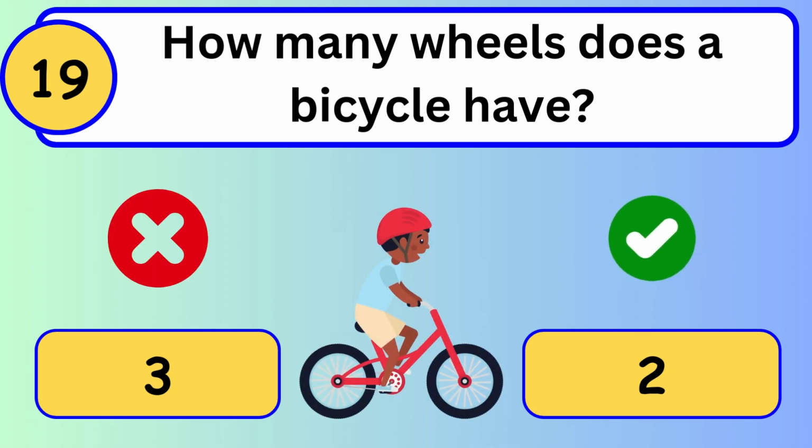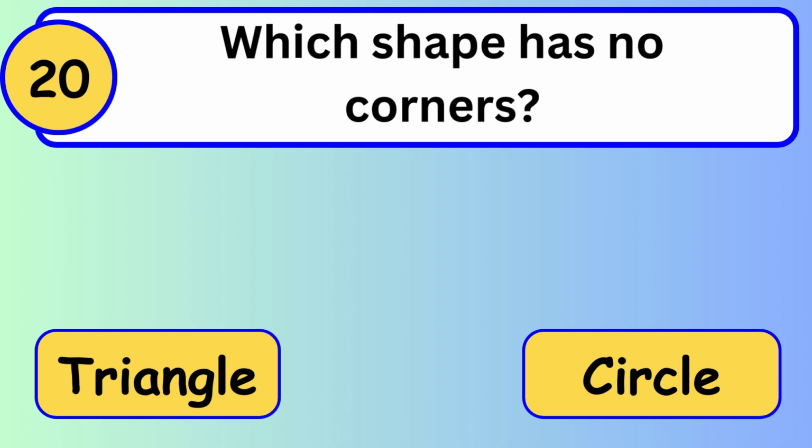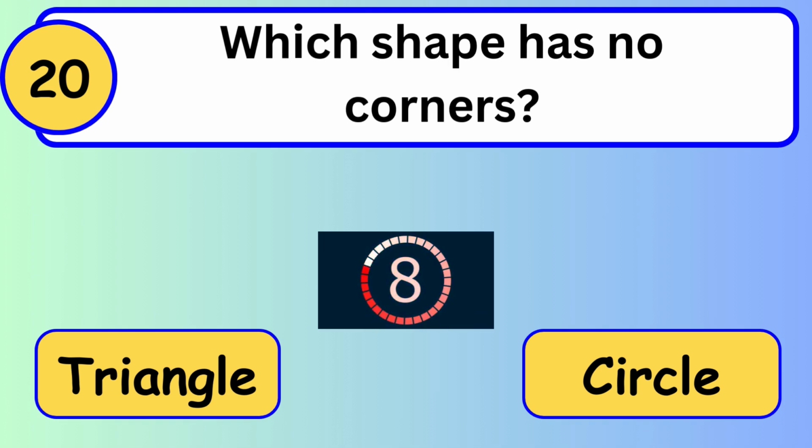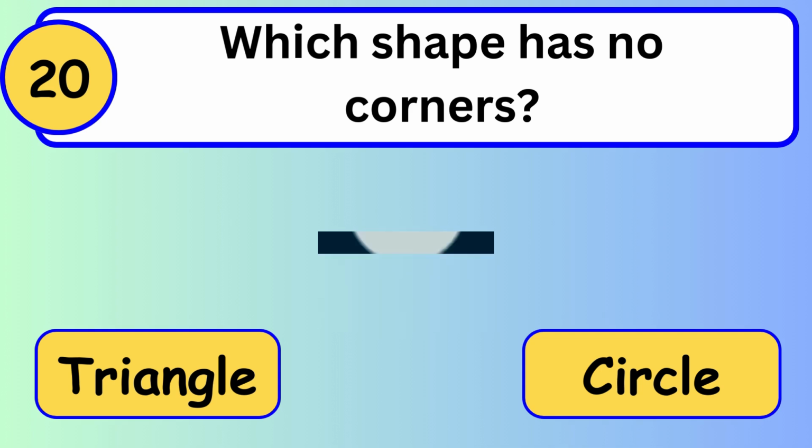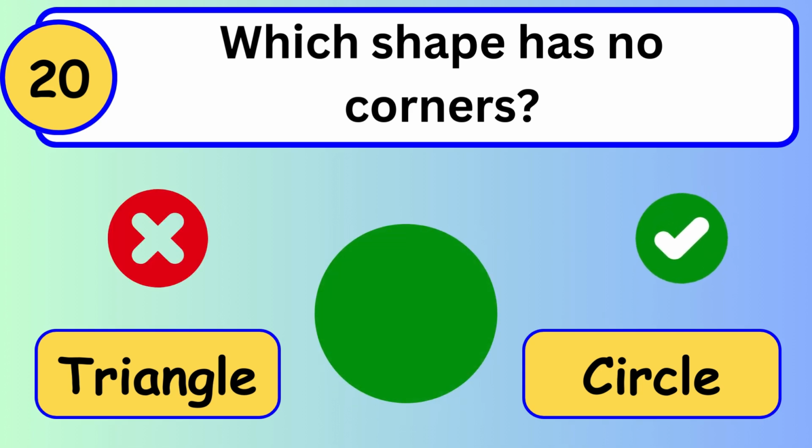Two. Which shape has no corners? Circle. A circle has no corners.